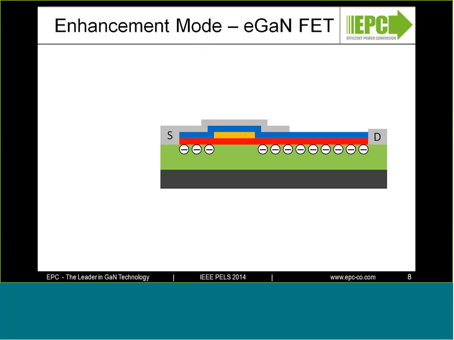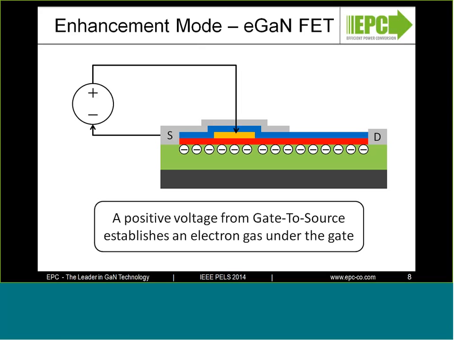And therefore, the device looks like this in its resting state with no voltage applied to any of the terminals. However, if you apply a positive voltage to the gate terminal, you suck electrons up there and complete this circuit. And that's the way an enhancement mode device works.